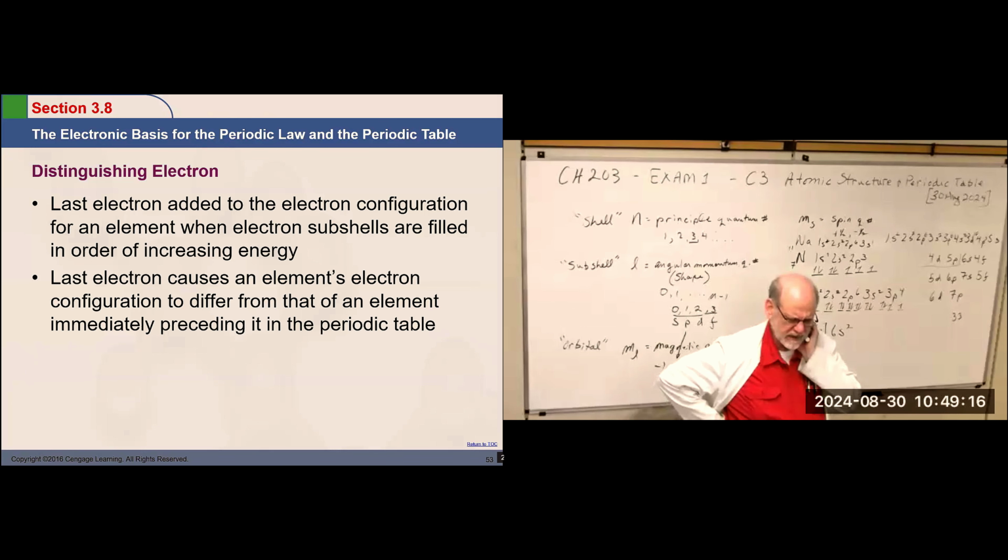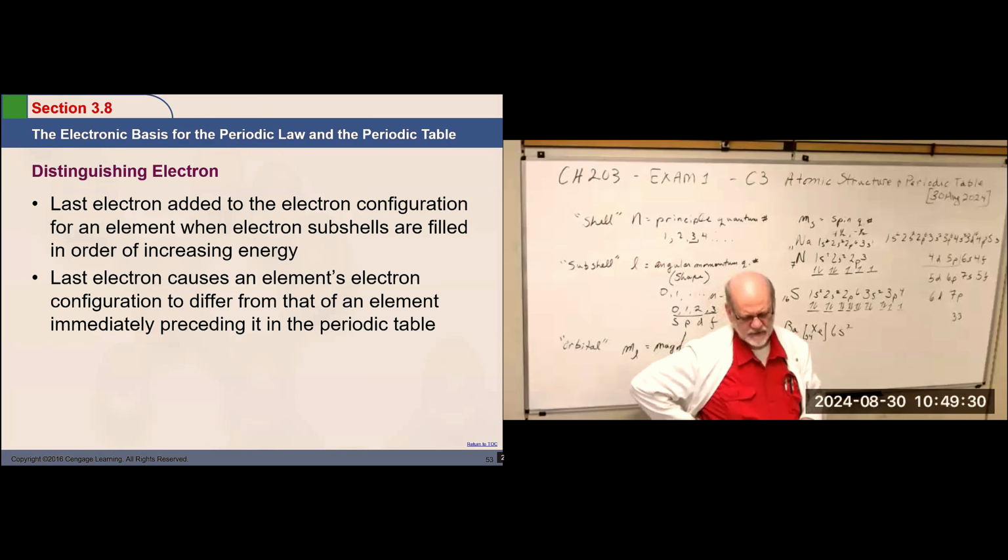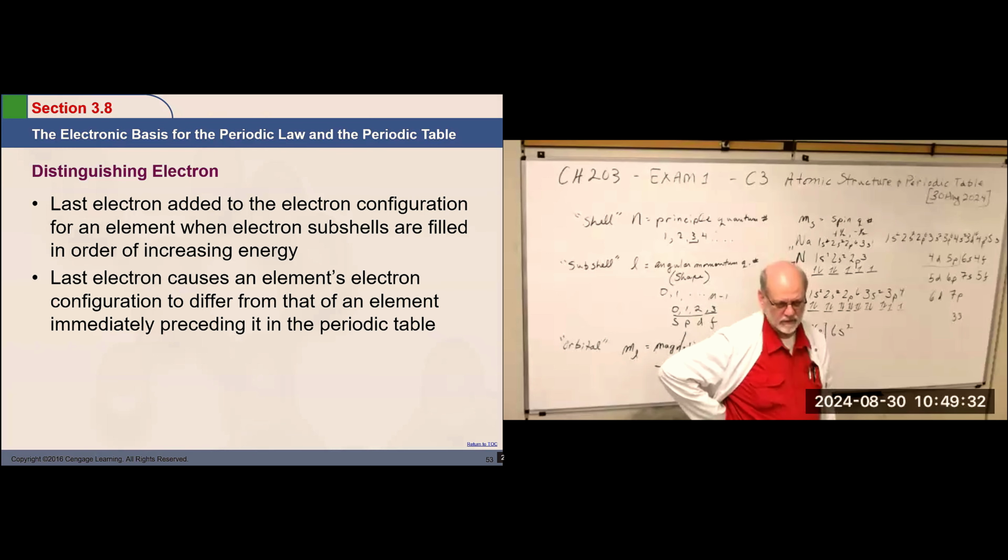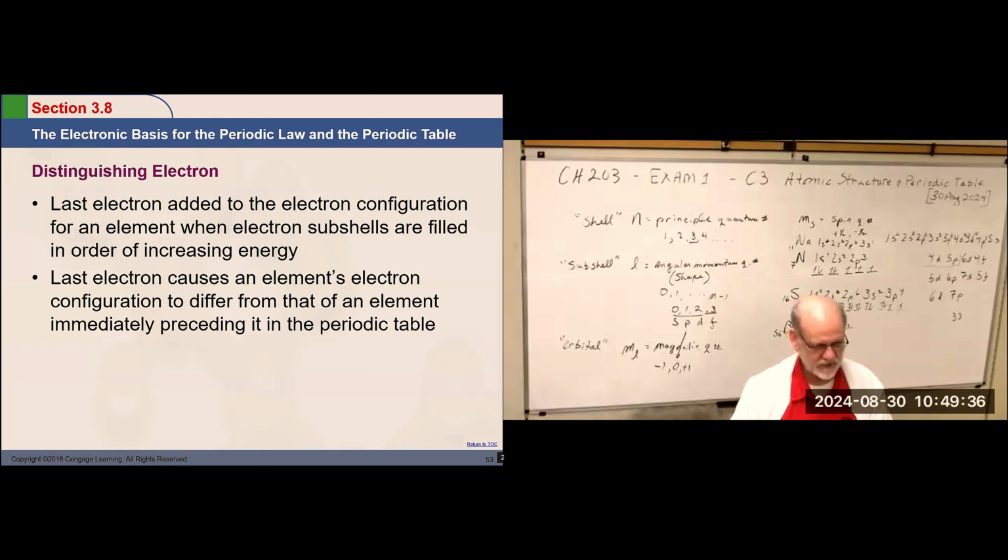The distinguishing electron, I don't dwell on this too much. The last electron added to the electron configuration of an element, it just causes that one to be different than the one before it and the one beyond it. There's no magic.